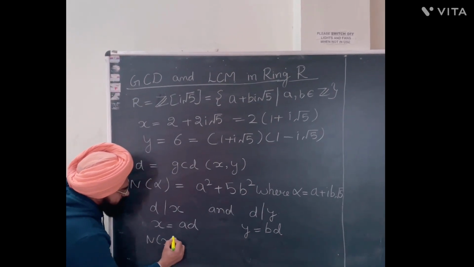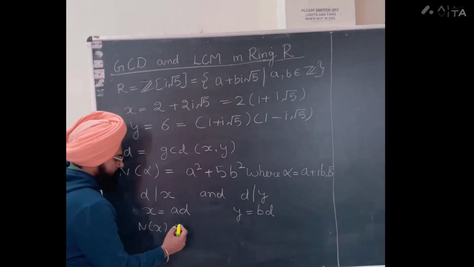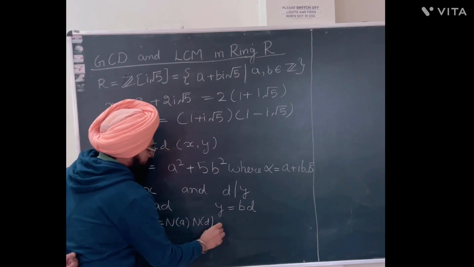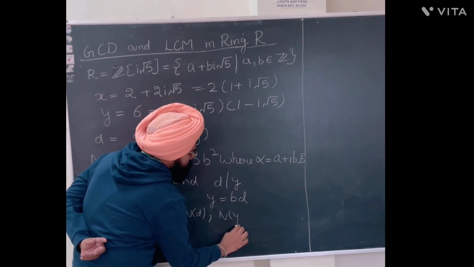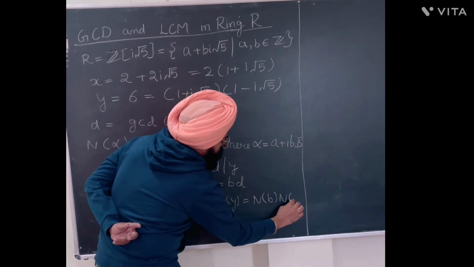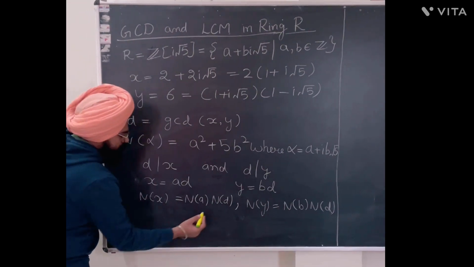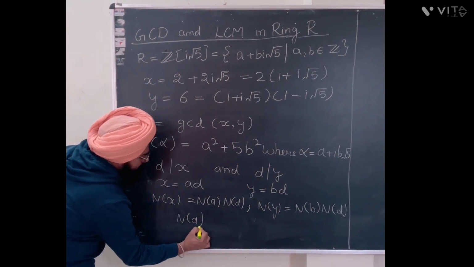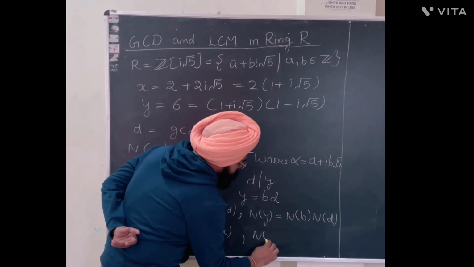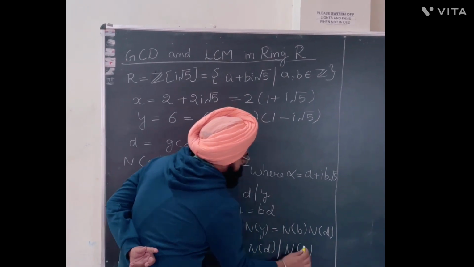Since we know that norm is a multiplicative function, norm of x is norm of a times norm of d, and norm of y is norm of b times norm of d. From here we can conclude that norm of d divides norm of x as well as norm of y.